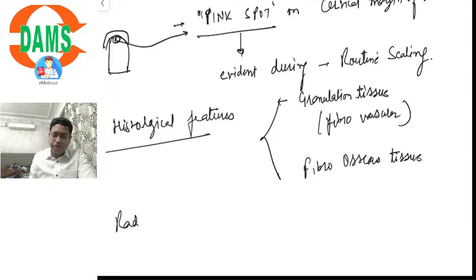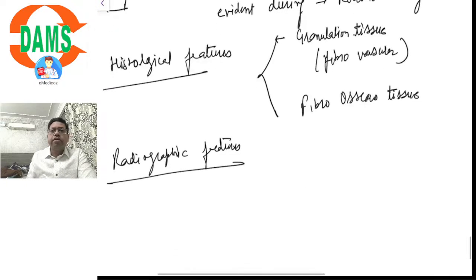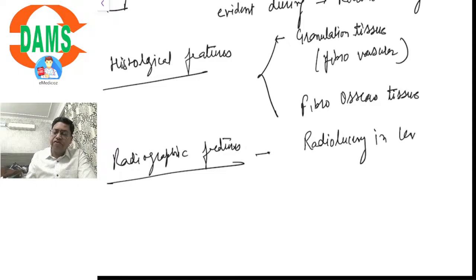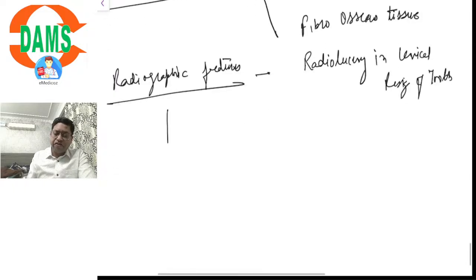Radiographic features: there is a radiolucency in the cervical region of the tooth. If we take an X-ray of a tooth like this, there would be a radiolucency and the root canal outline would be visible through the defect.